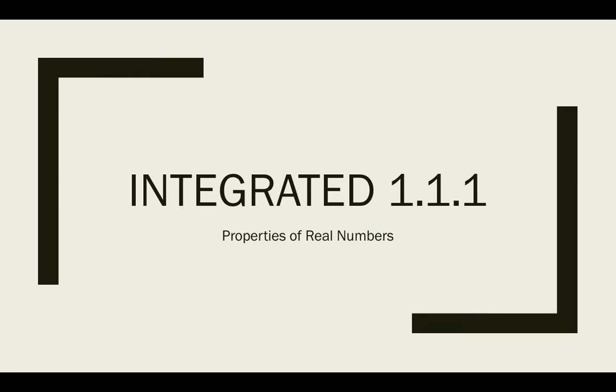So you'll see some topics in algebra and then we'll see them in a geometry lens on top of it, so that we can pull those two subjects together rather than spending a whole year on geometry. We integrate it into Integrated 1, 2, and 3 where they fit in.